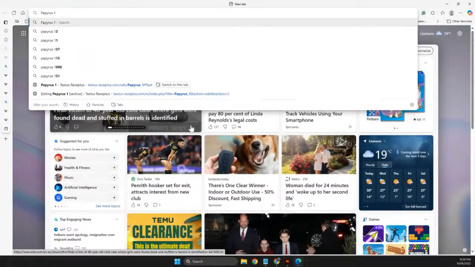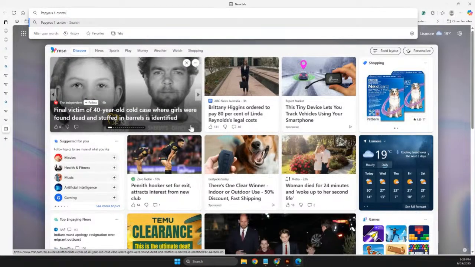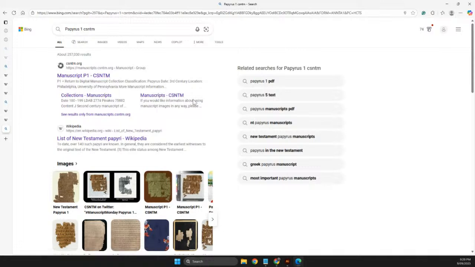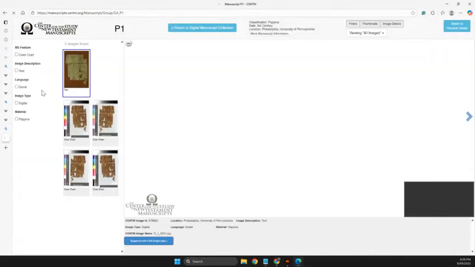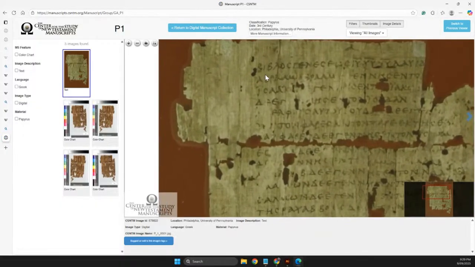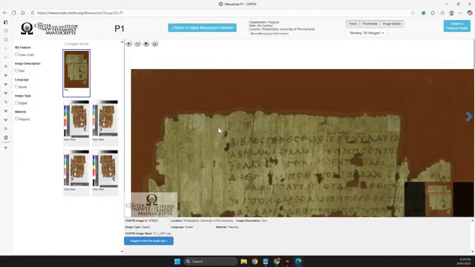Now, maybe CSNTM, maybe their Papyrus 1 is clearer. Okay. Doesn't seem that much clearer, but can you see that? The key there with the line above it, as far as I'm concerned, that's an iota and a sigma there.